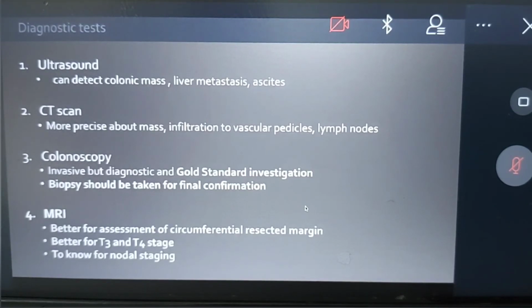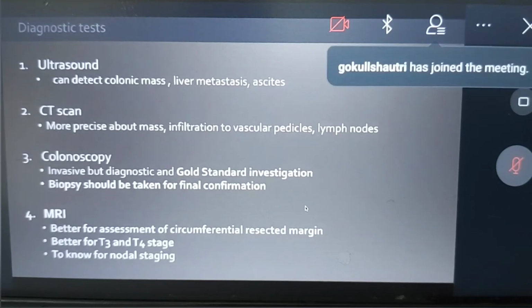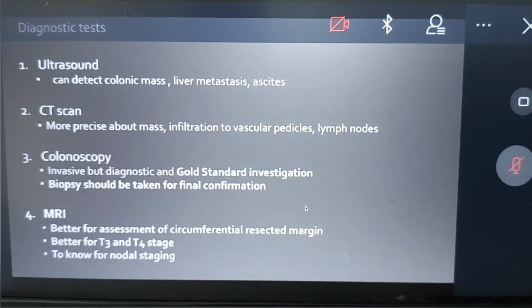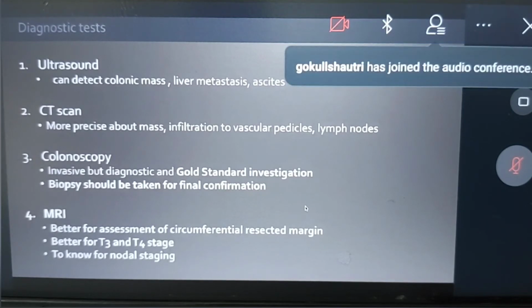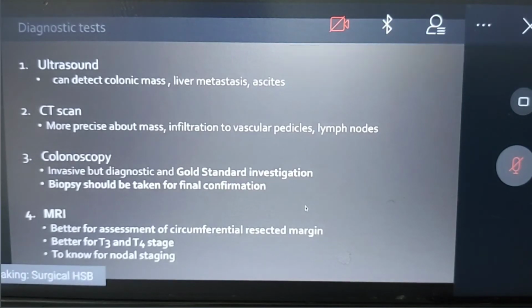So during colonoscopy, we can take a biopsy for final confirmation. We also can do MRI. It's better for the assessment of the circumferential resection margin. Better for stage T3 and T4 and to know the nodal staging.